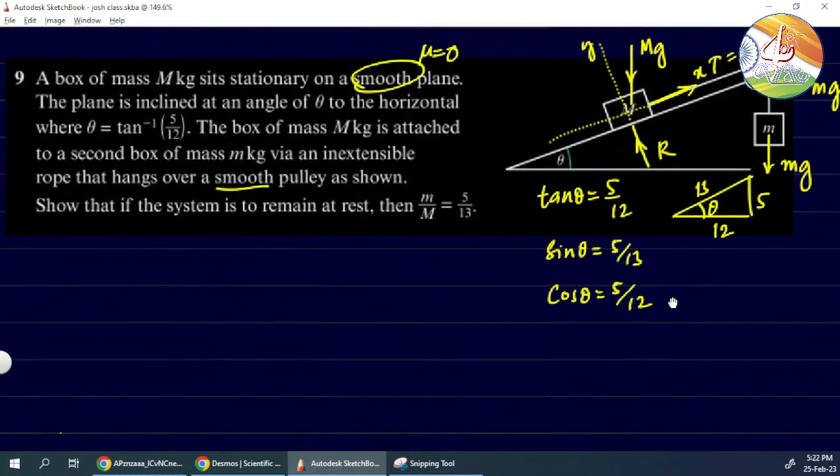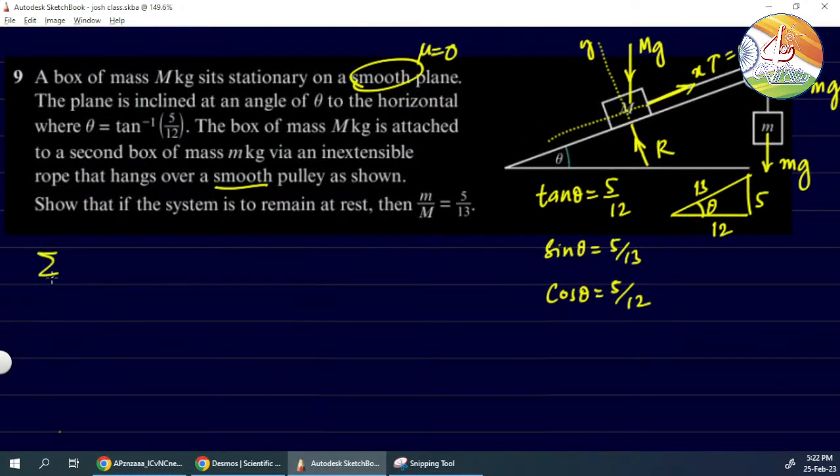Now start solving. Again sigma y. So R is acting upwards. This angle here will be the same as theta. So capital M g cos theta is acting in the negative y direction, downwards. T will not have any component in the y direction, so this total should be 0.